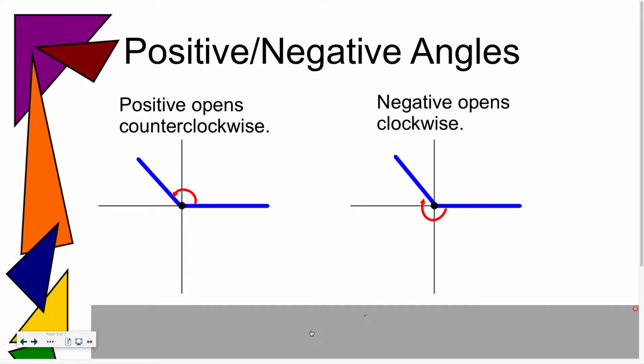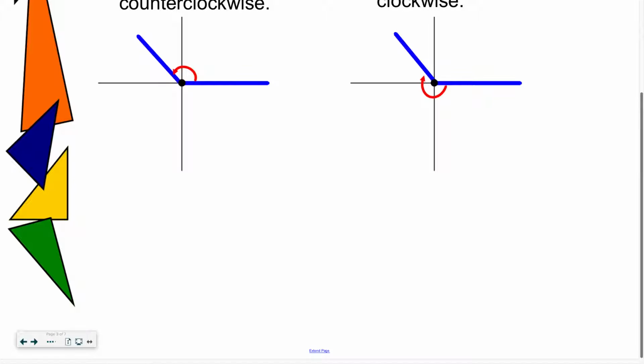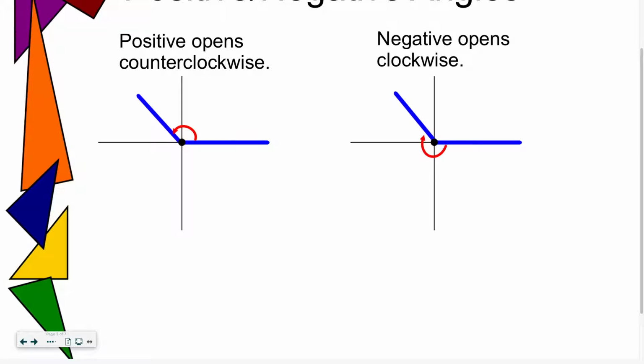Now we could probably look at these two angles and attempt to estimate the value of the angle. So if I were looking at this positive, just to give you an idea of when I'm trying to sketch an angle measure, here at the positive x-axis, that's like 0 degrees.